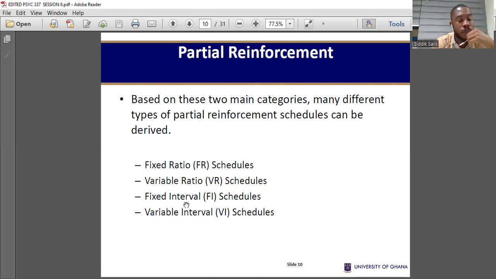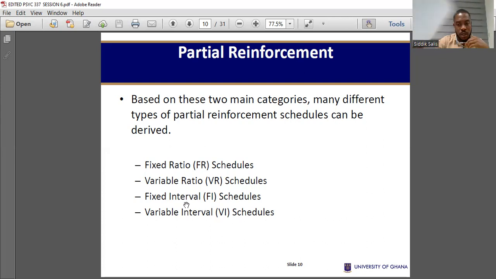So let's say normally at workplaces, those who deal with overtime, if you do overtime, 1 hour is 20 cedis, or 1 hour is 50 cedis. For the sake of learning, let me say 1 hour is 10 cedis. Fixed interval here deals with the time. So it's not about the production.